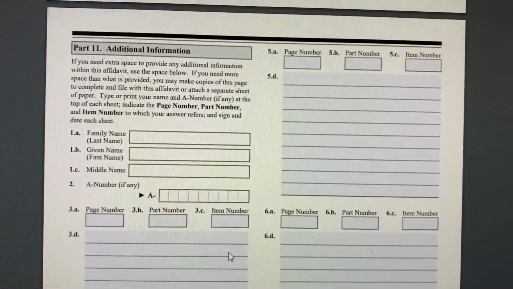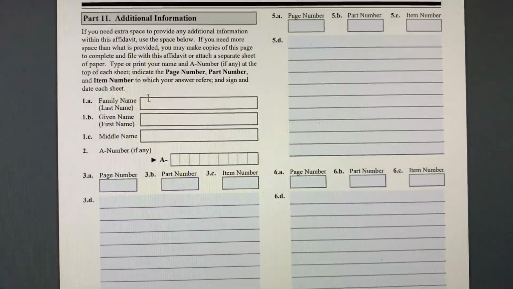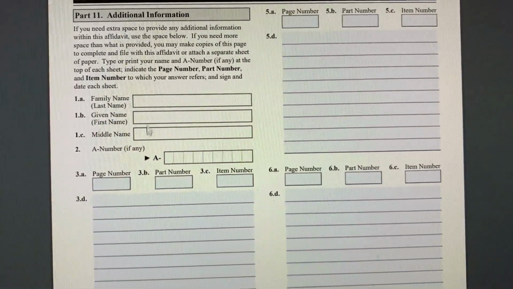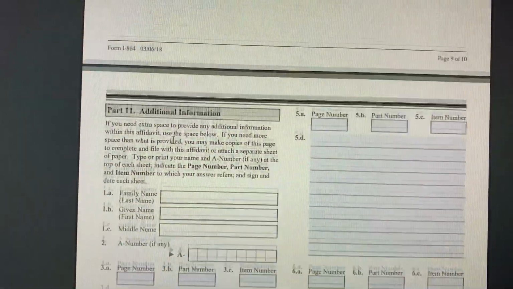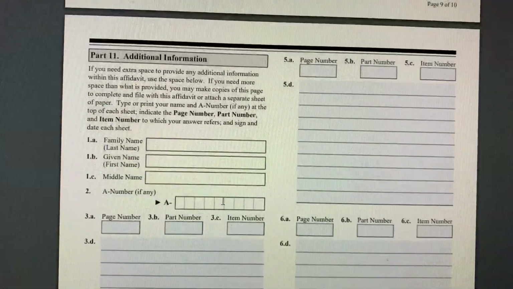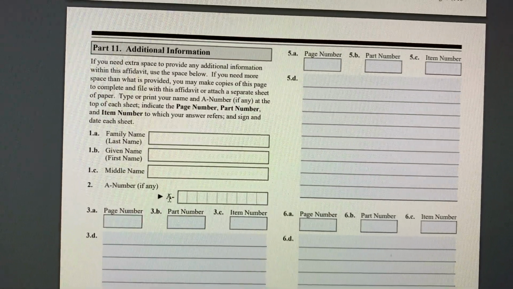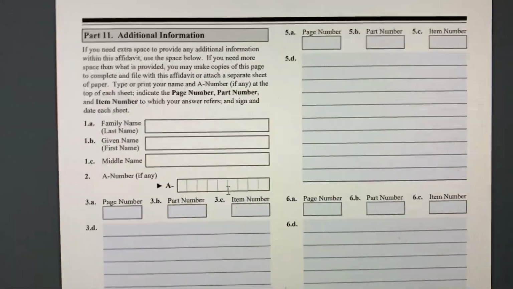Additional info: this is for additional information if you run out of space to write. So this is where you put your additional information. Just put your name and your A number. Don't forget your A number. Your A number is in your notice of action too.